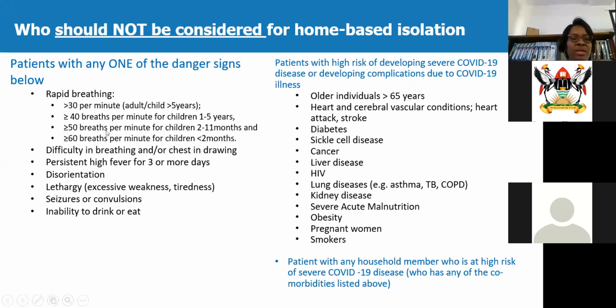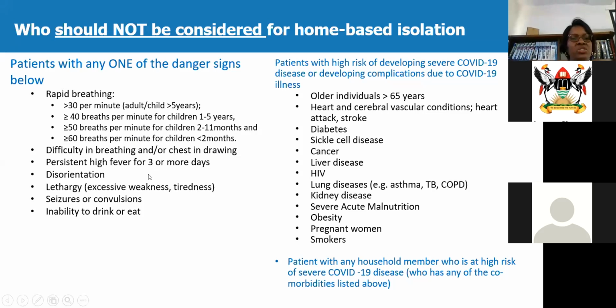hospital setting. If the patients feel any difficulty in breathing, or the caretaker notices chest indrawing or use of accessory muscles of respiration, that means they're dyspneic, and they need to come into the hospital. If they have a persistently high fever, they need to come into the hospital.